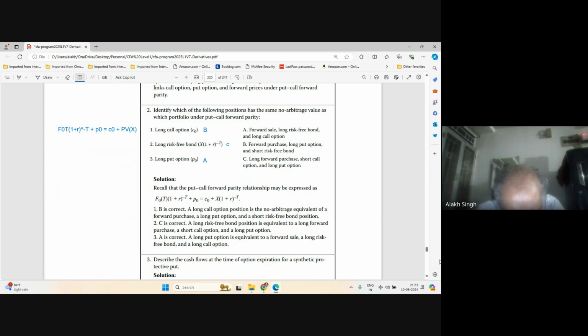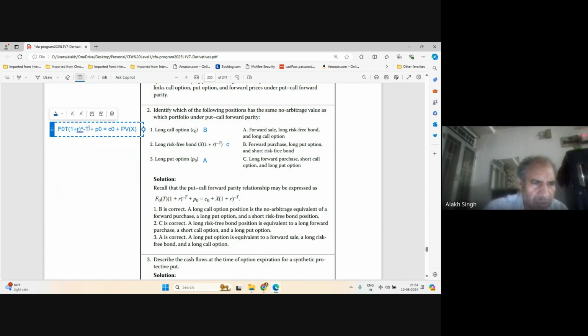What is the cash flow? Describe the cash flow at the time of option expiration for a synthetic protective put. So the protective put is this one. This becomes F0T, meaning at maturity this will be gone.